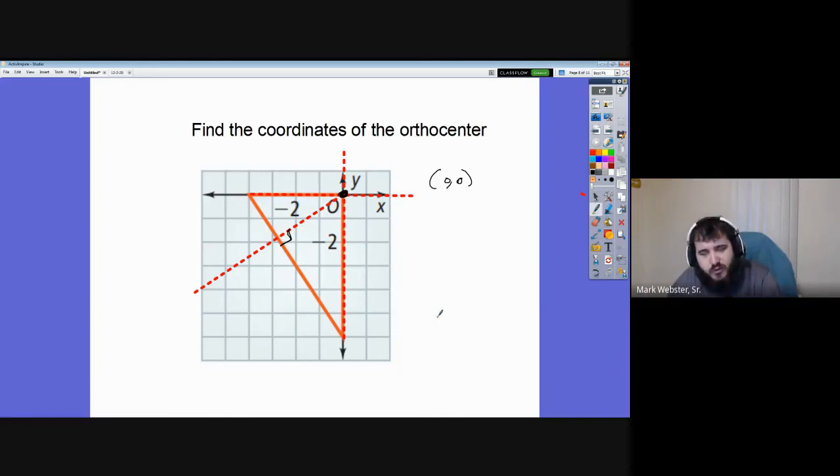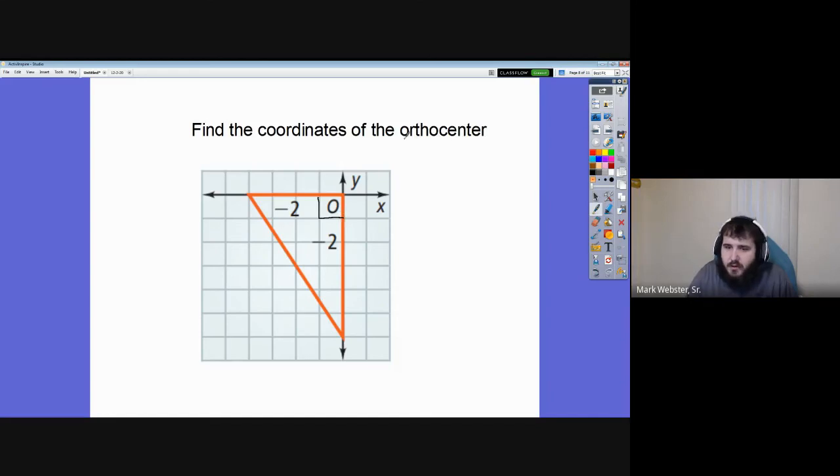Now, in this case, we do have a right triangle. So we actually don't need to go through all this extra rigmarole because we have a right triangle. And remember, if you know you have a right triangle, then you can just say, well, this is a horizontal line, this is a vertical line, this is a right triangle.